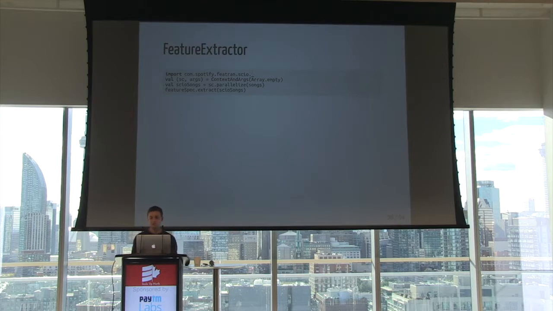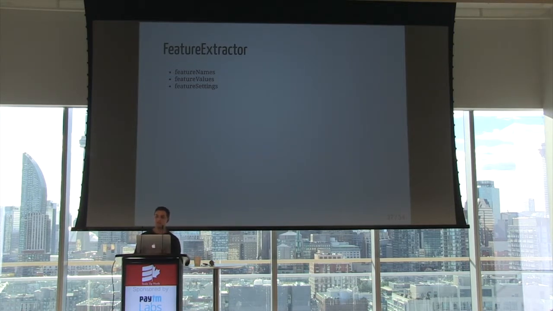We get a Scio collection of songs, and then we just call featureSpec.extract on it, which will apply the feature spec over the distributed collection. This is actually happening as part of an Apache Beam job, which is what Scio is built on top of. All you have to do is end up with a collection of stuff you want to featurize, and then it's identical to the call we made earlier on our Scala collection. It works because there's an implicit collection type defined.